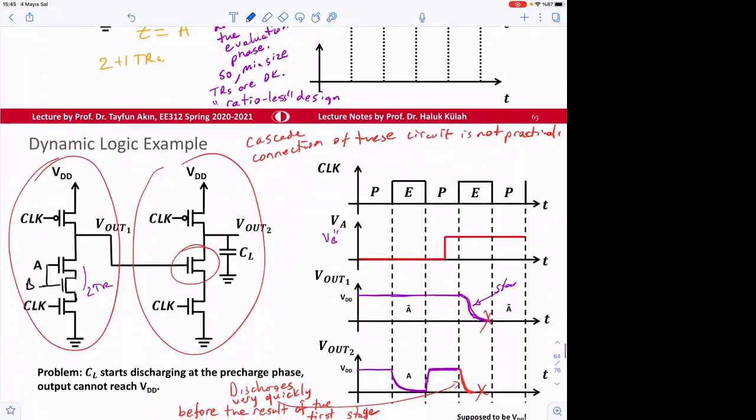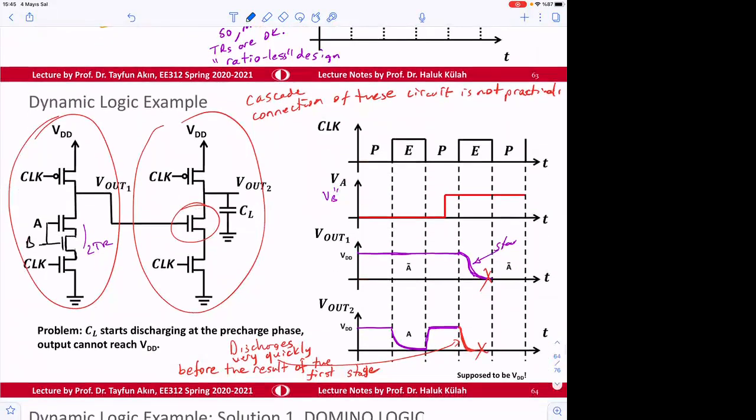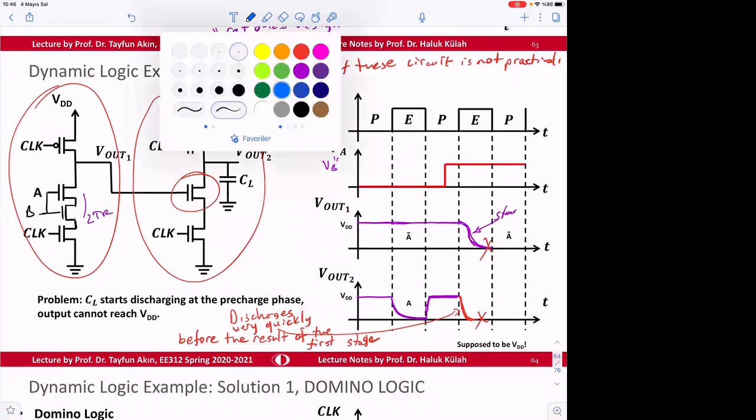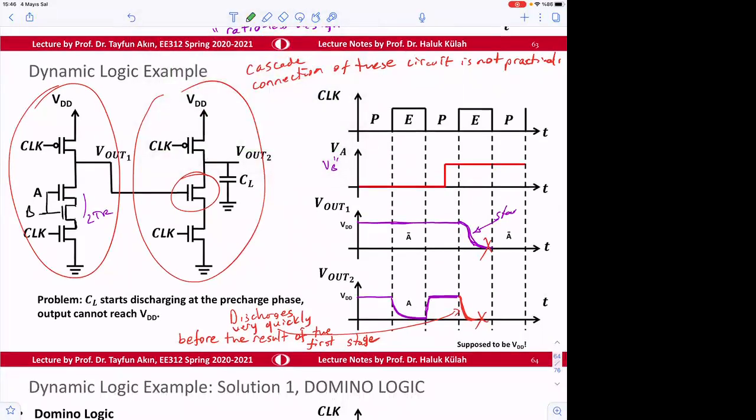So what we said is that this circuit has a problem if you connect one another block, similar block, because if you have, let's say, more than one transistor on the pull down cycle here, this pull down is going to take time, and therefore there's going to be more delay here.